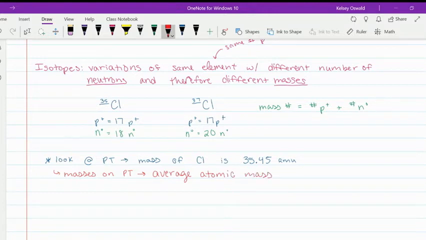And in order to get that average atomic mass, what we did is we took the masses of all the isotopes of that element and found the average.